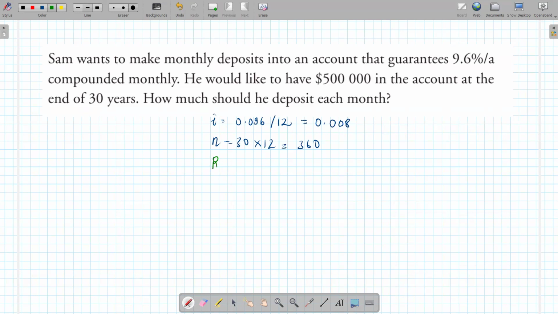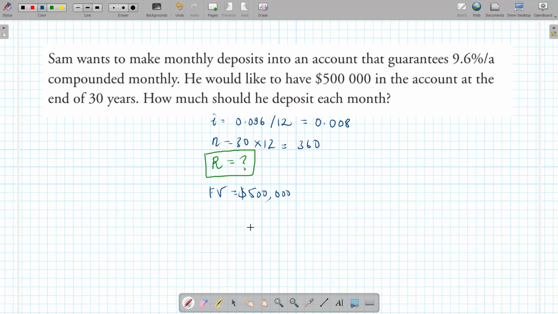That's denoted by R. So this is our unknown. He would like to have 500,000 at the end of 30 years. So what do we denote this by? Is this the amount now or is this the amount in the future? The future. So that's going to be your future value. So you want to have 500,000 after 30 years.